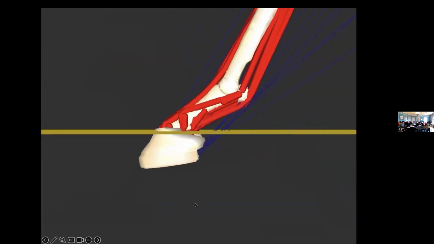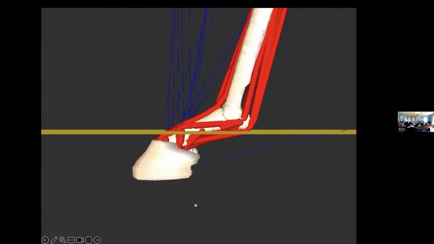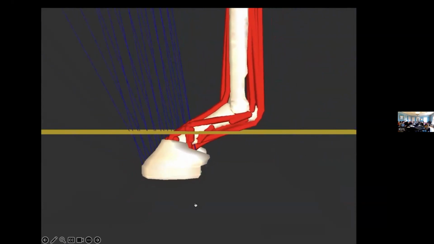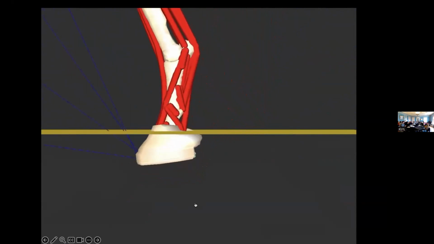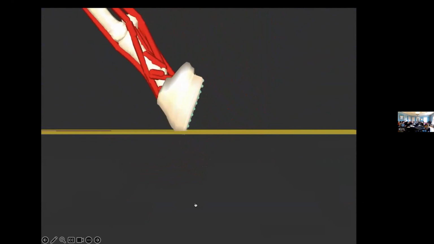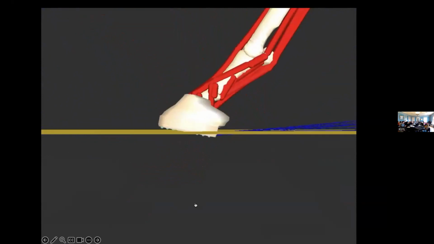For example, in this simulation you're seeing the soft tissue structures supporting the bones, the hoof penetrating the top portion of the surface, and the blue lines are the ground reaction forces.